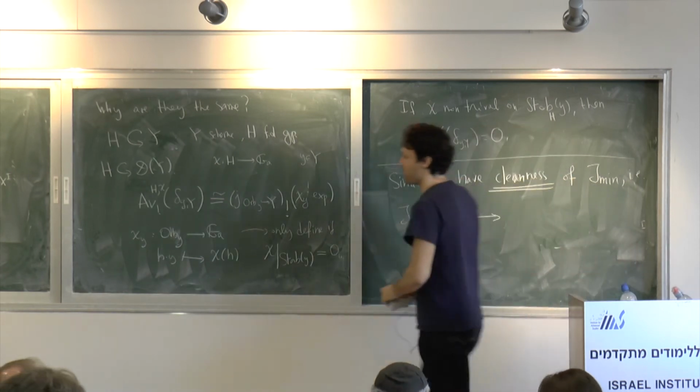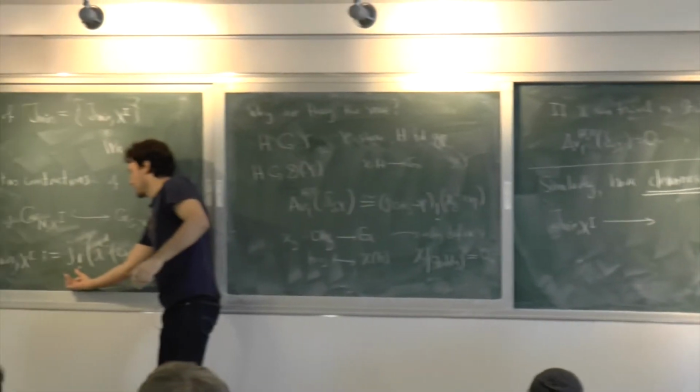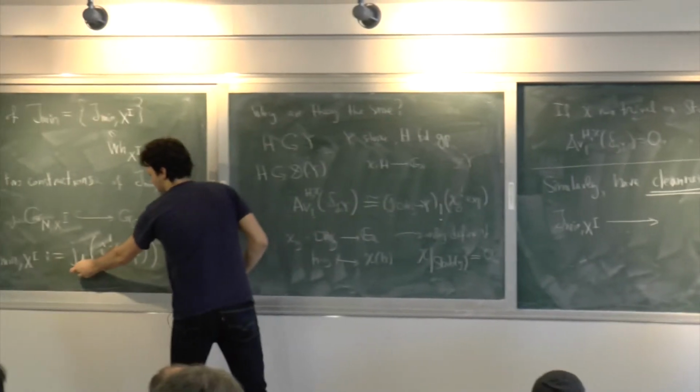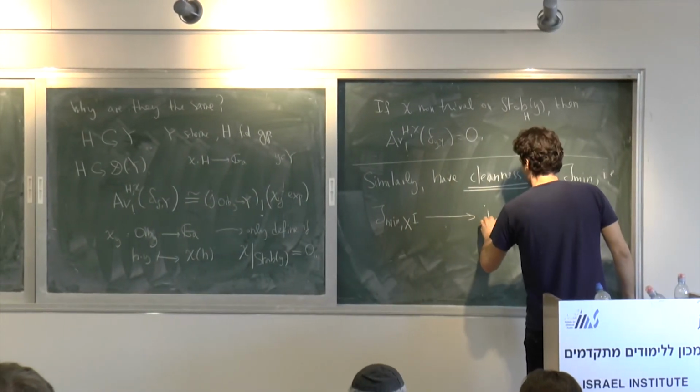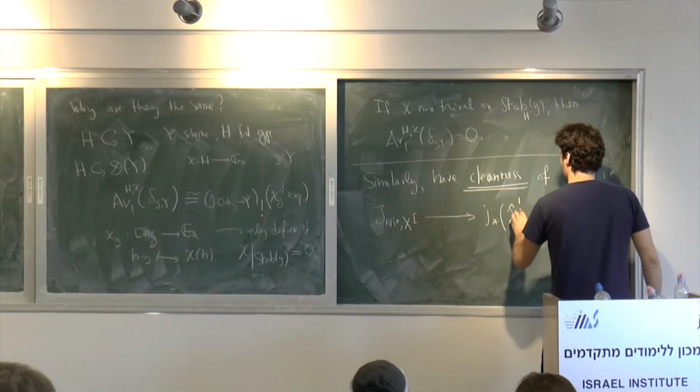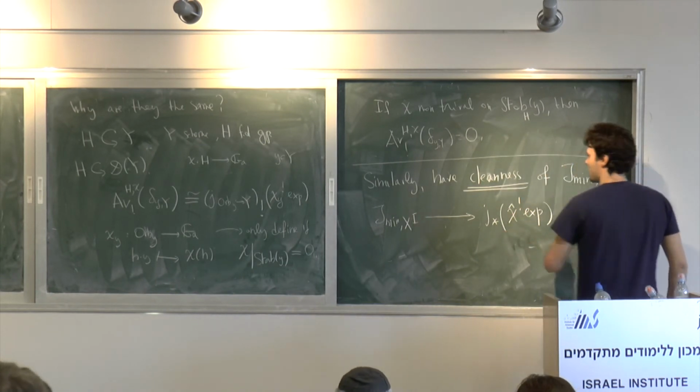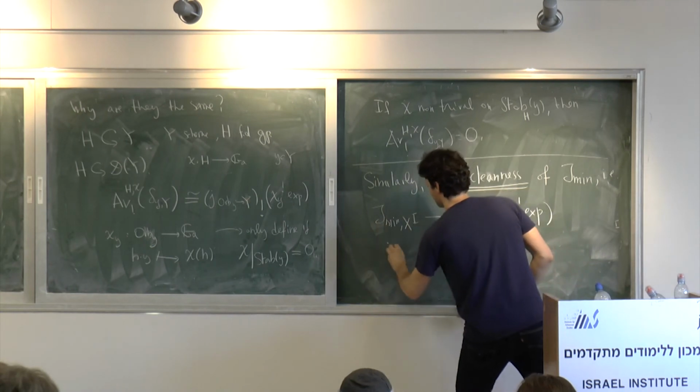I have a natural map from this guy, which was defined with the shriek, to the same guy defined with the star. I always have that. And this map is an isomorphism.